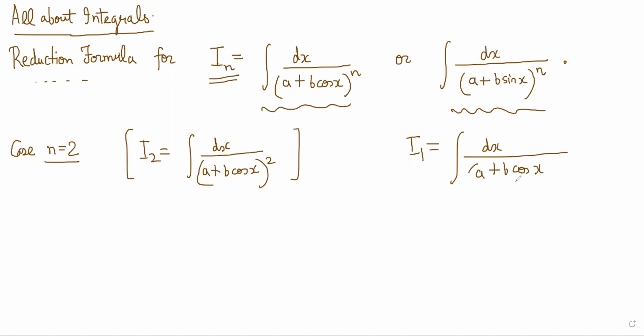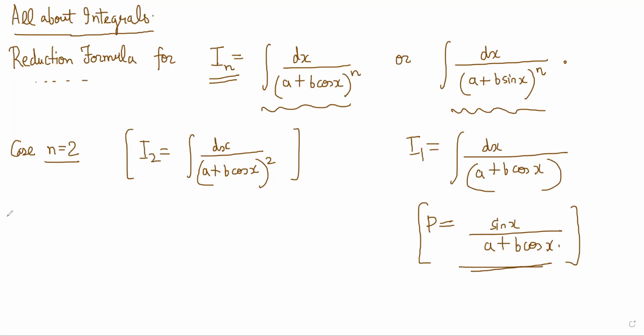So for I_1, we'll connect I_1 with p. P is equal to sin x by (a plus b cos x), and we will differentiate p. On differentiating p, you will realize you get a connection between I_1 and I_2. Let's see what happens.